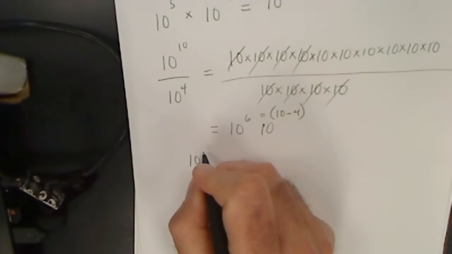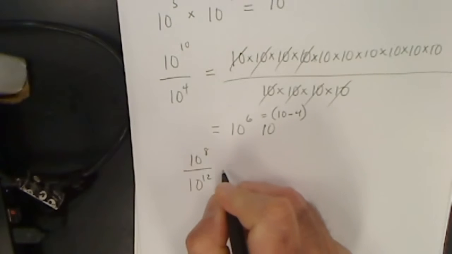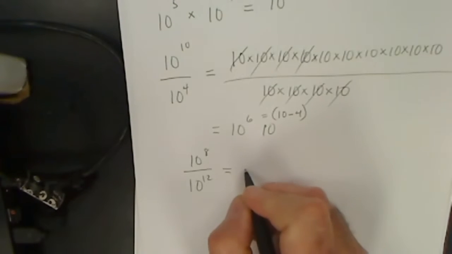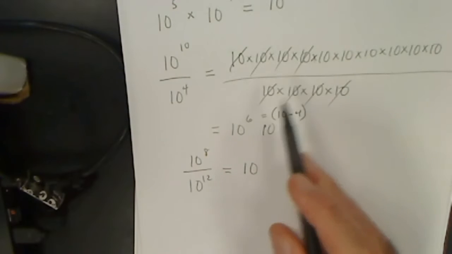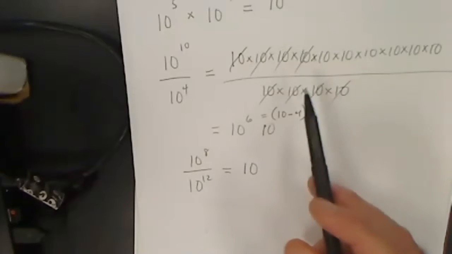10 to the 8 divided by 10 to the 12th. What do you get? I'm going to do the same. I'm going to put a big line, and on the top I'd have 10 times 10, 8 times.